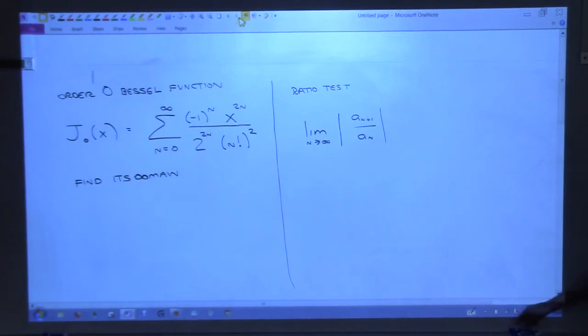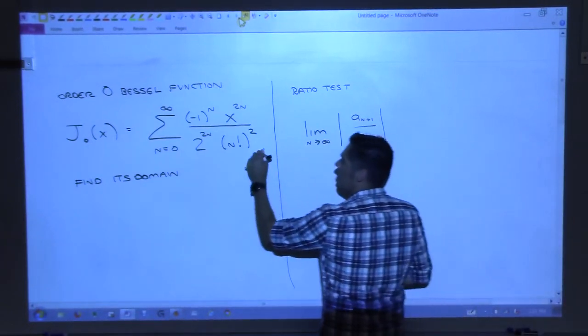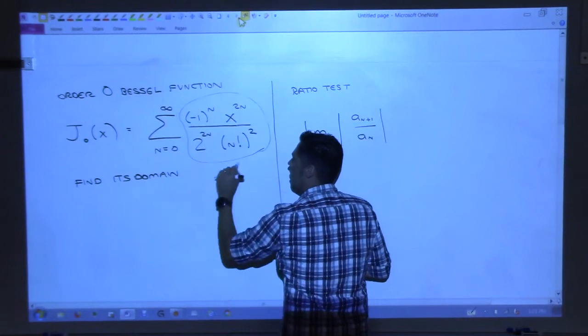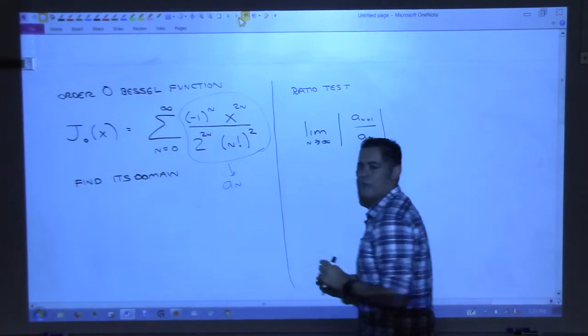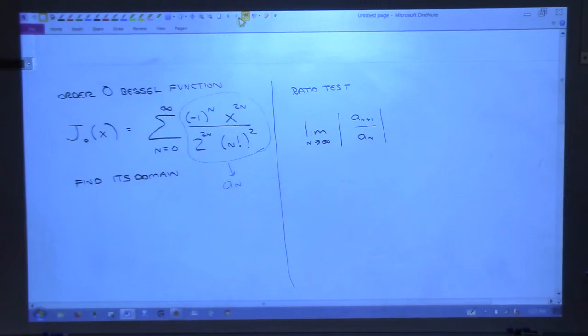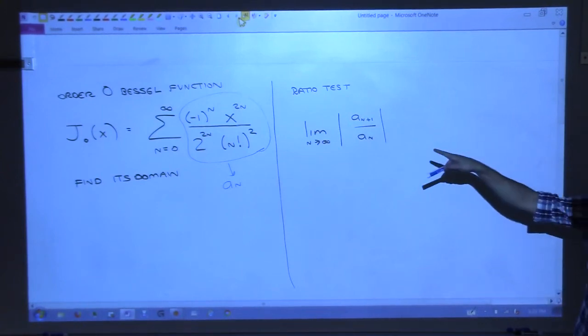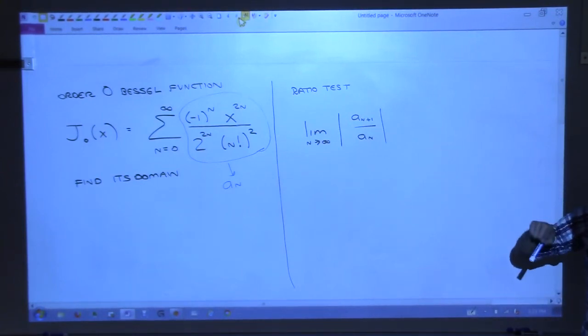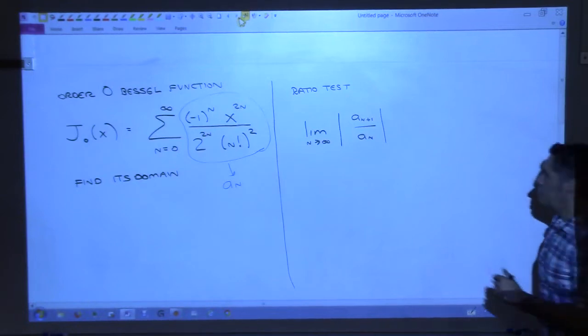So a sub n for us is this big, nasty, ugly looking thing. So a sub n plus 1 is that expression with all your n's replaced with n plus 1s. Okay, so let's do it.